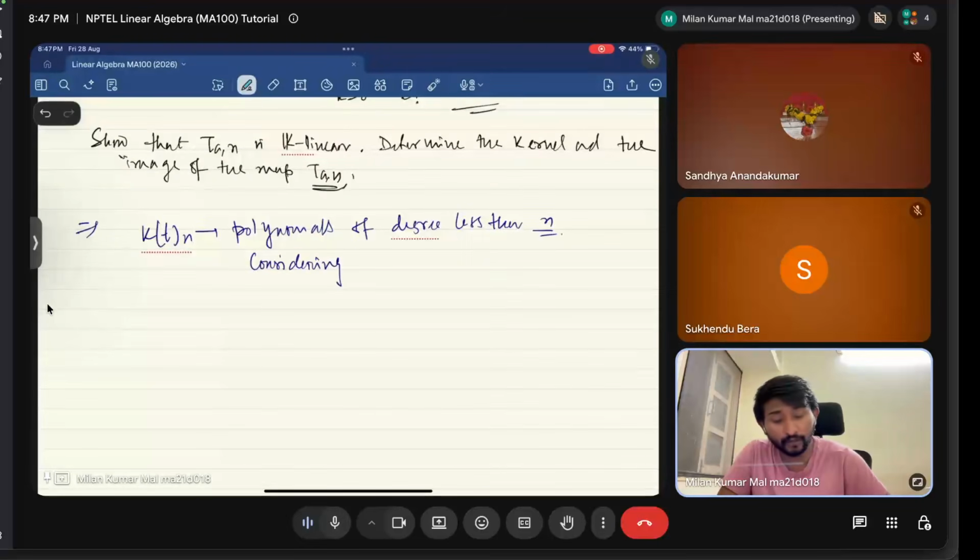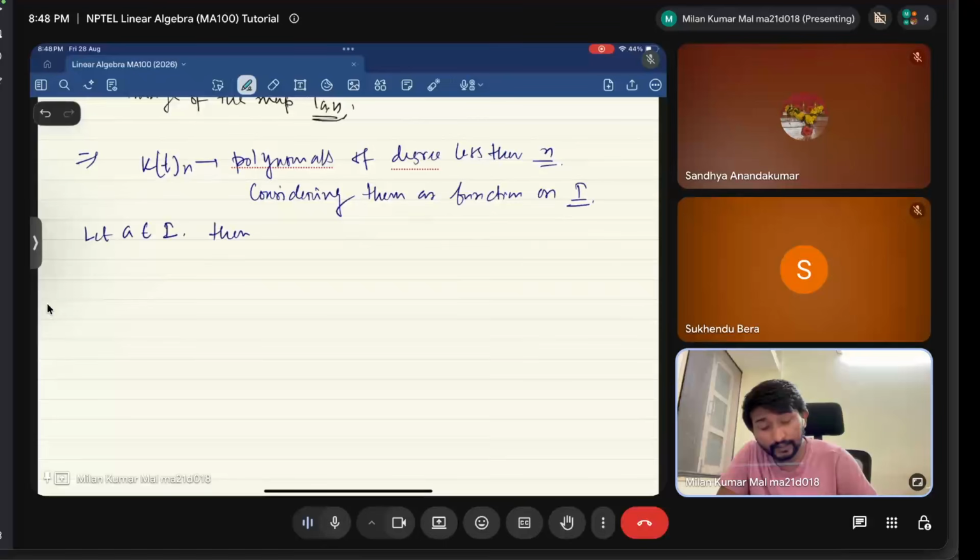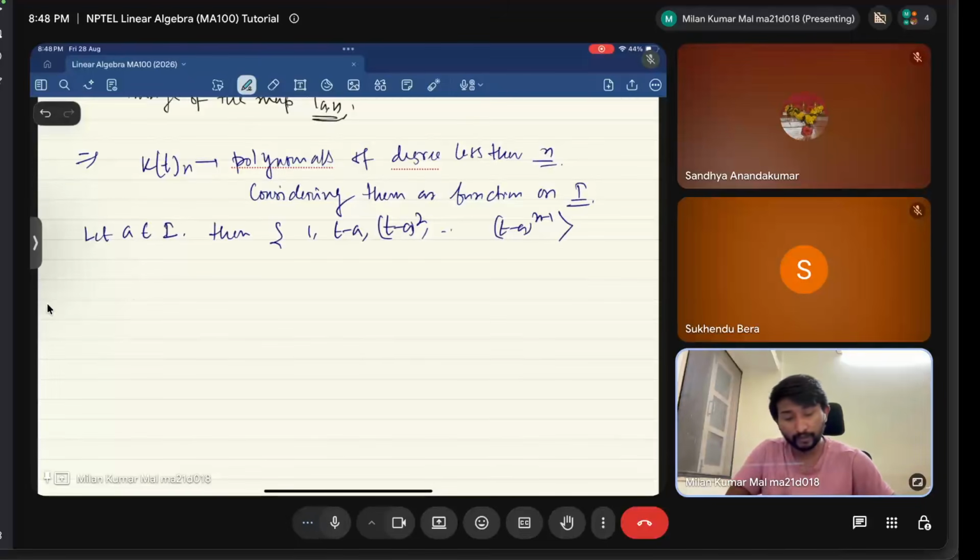We can consider these polynomials as functions on the interval I, which contains more than one element. Let a belong to I. Then this is a common fact which I have mentioned at least once: 1, t minus a, up to (t minus a) to the power n minus 1 is a basis of K[t]_n.